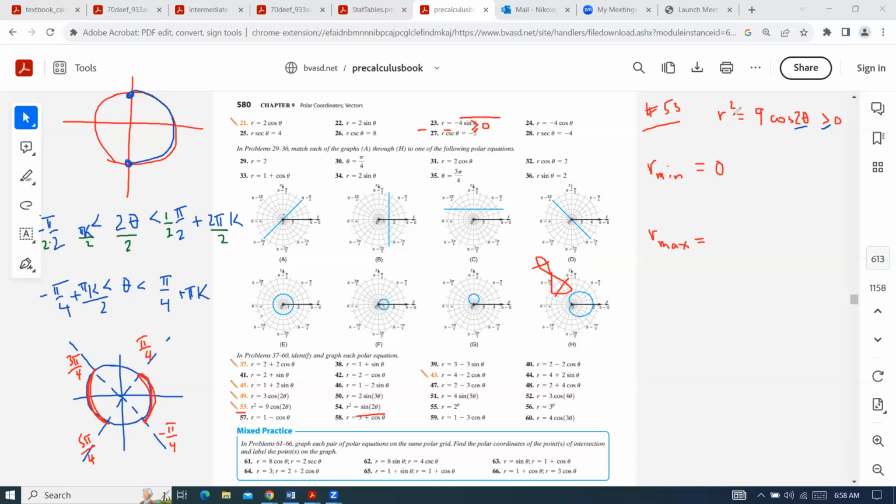And the maximum is going to be a value of 9 times 1, right? Which is 9. In other words, cosine of 2 theta is equal to 0 at minimum, and cosine of 2 theta is equal to 1 at maximum. It cannot be negative, so just positive.